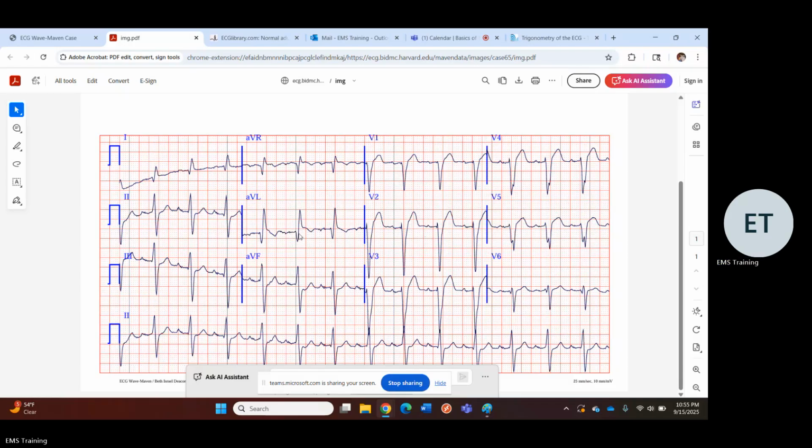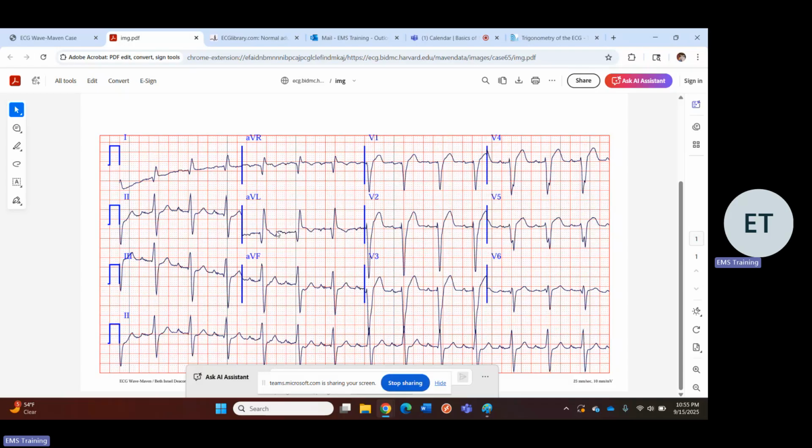You should have ST depression if there's a strain pattern with the bundle branch block. If your QRS complex goes up and you have a strain pattern, you would see ST depression. If your QRS complex went down like this, you would expect to see a little bit of ST elevation, which is normal for a bundle branch block. And if it's excessive, i.e. it meets Sgarbossa criteria, then you can say it's a STEMI equivalent.